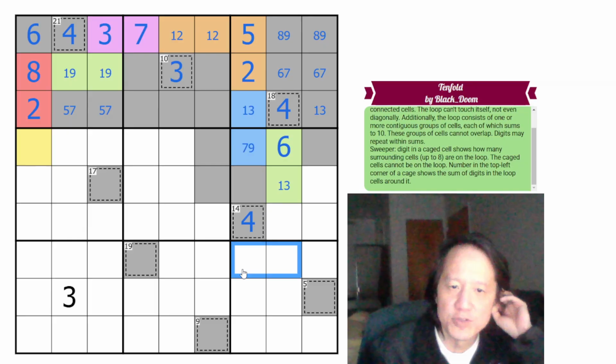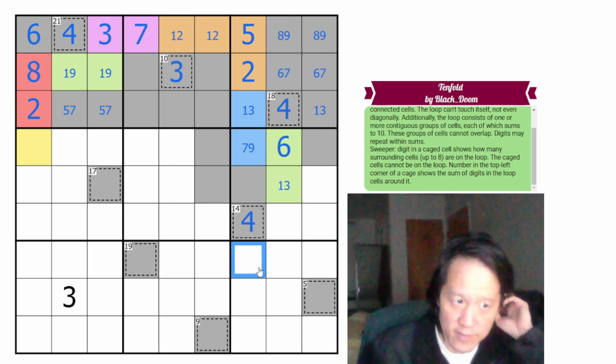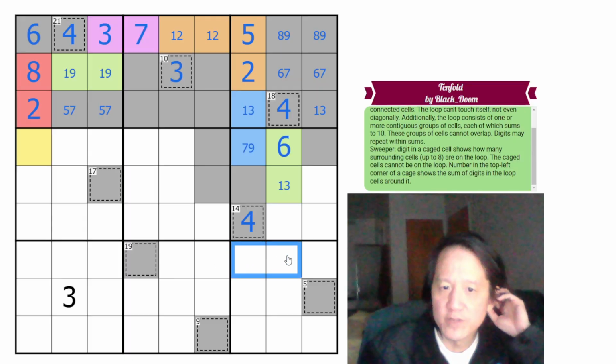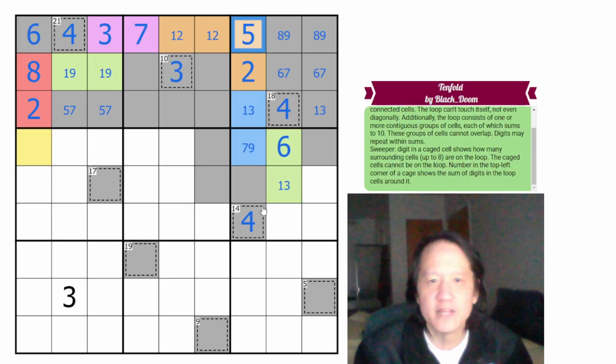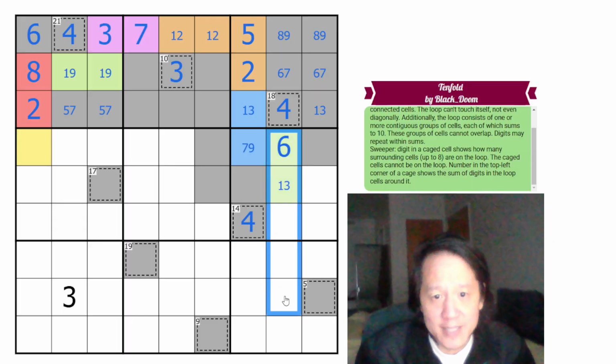Since this is 4, this adds up to 10. But then that would force this to be 5 to fill this digit, and that is a 5, which doesn't work as a Sudoku, because you have 5 and 5 there. And this can't even be a 5 then. So this cannot go all the way down here then.